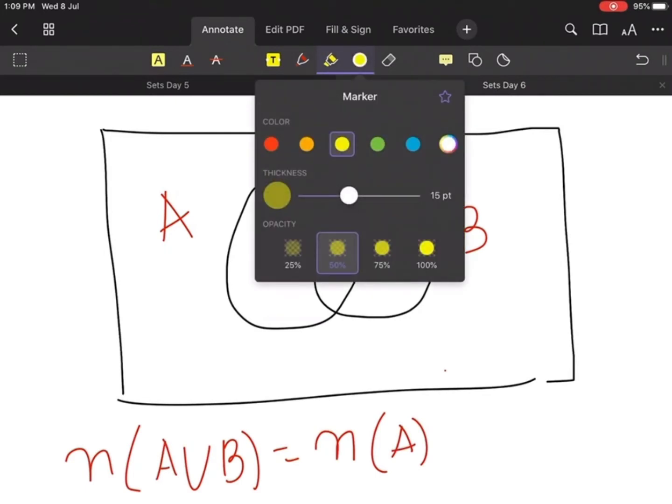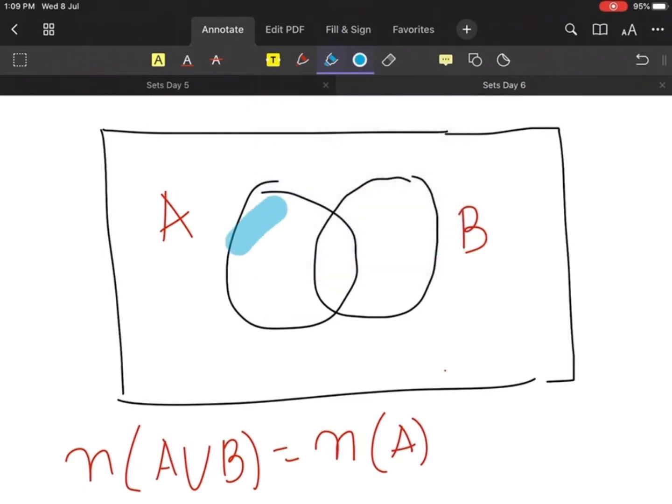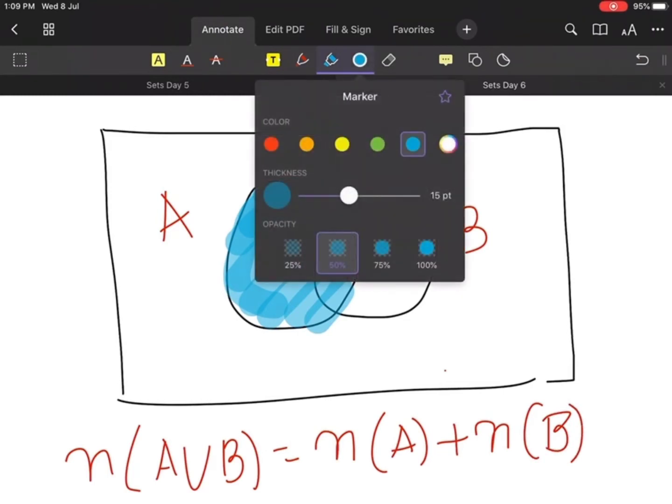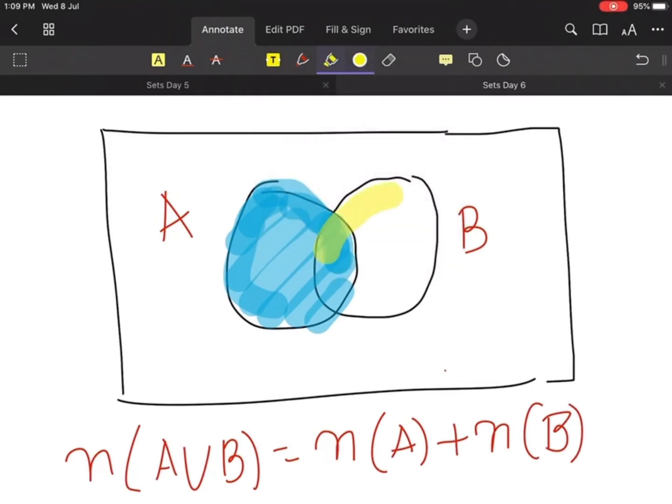If I write number of elements of A, I am counting this whole circle, right? Yes. Now plus number of elements of B. If I am counting number of elements of B, I am counting this whole portion. Yes or no? Yes, sir.